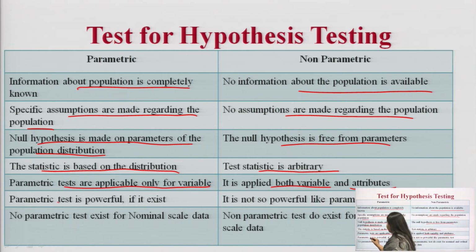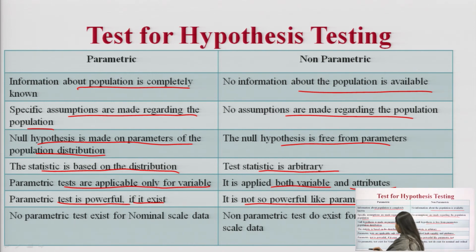Then the parametric test is powerful if it exists. It is a very powerful tool if we have complete knowledge of the parent population or the population of the study, but the non-parametric test is not as powerful as a parametric test.